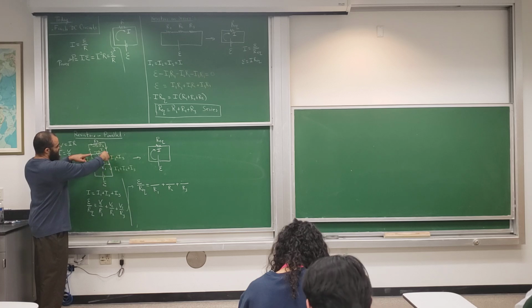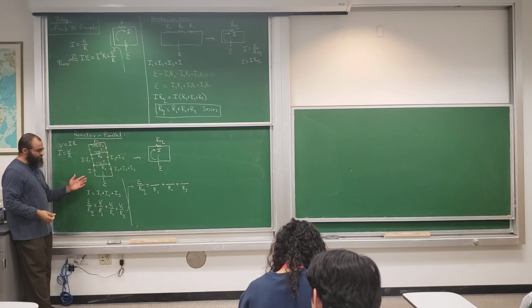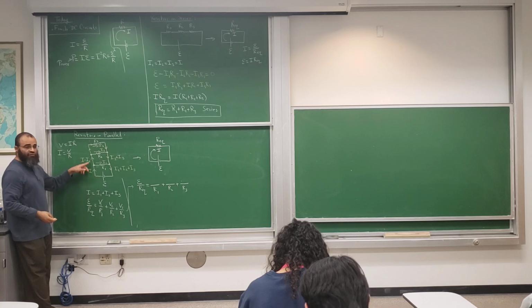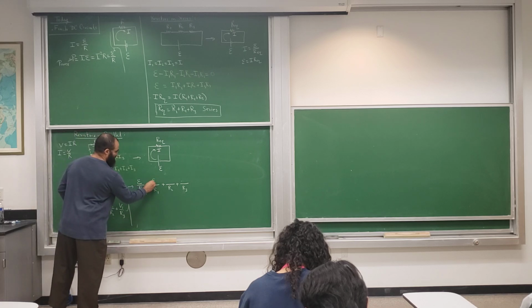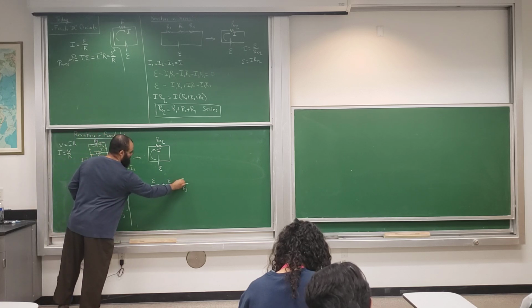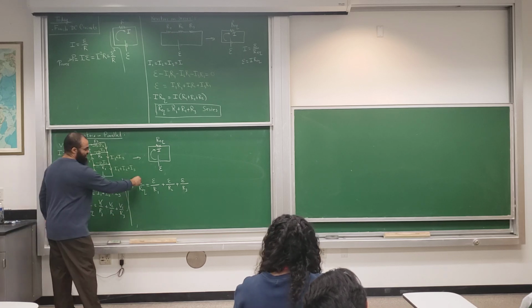And then the same thing here. They're all experiencing all the voltage of the battery. So you can look at the loop rule or this one. Either way, you will get all of them. So E cancels.